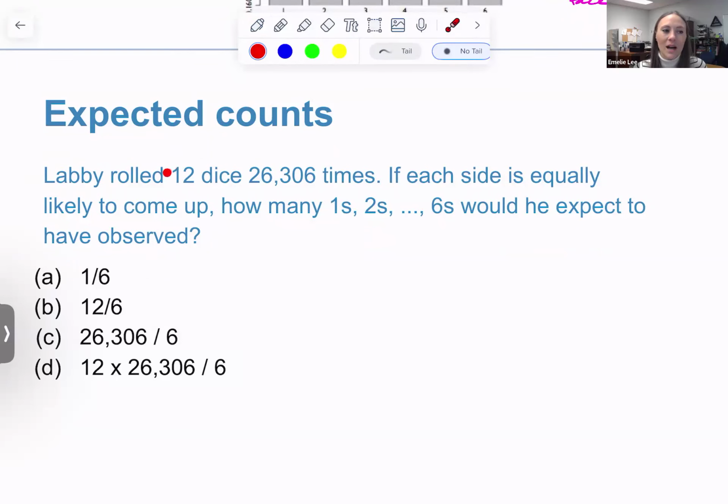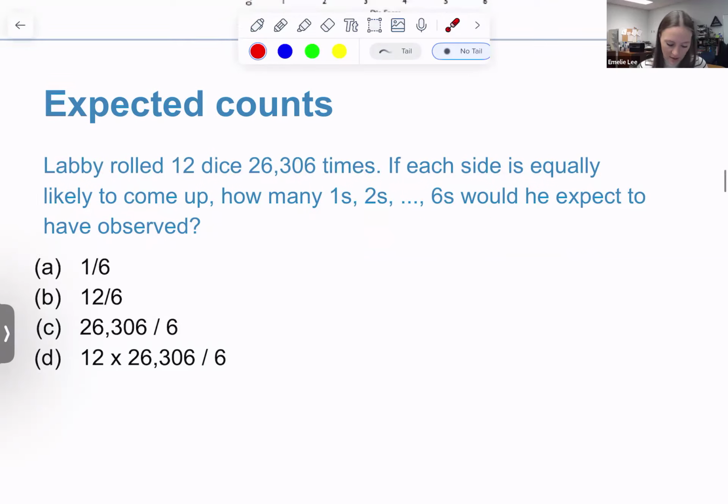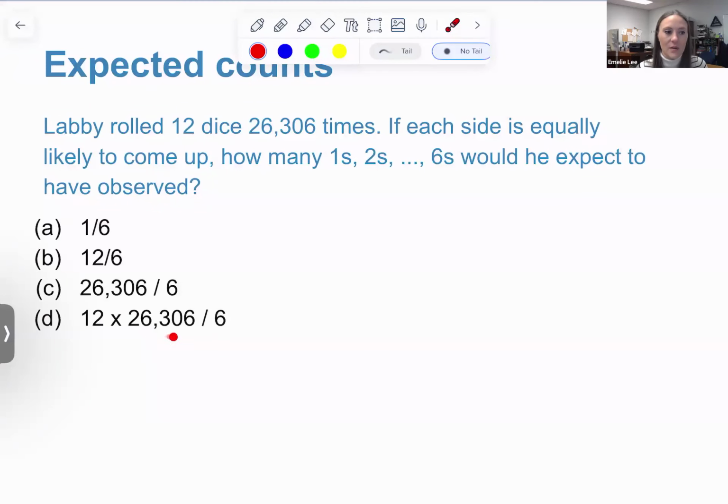And so if Labby rolled 12 dice 26,306 times, why 6? Well, I guess it was groups of 6. Anyways, whatever. If each side is equally likely to come up, how many ones, twos, and sixes would he expect to have observed? Well, 12 dice, 26,306 times, evenly distributed.